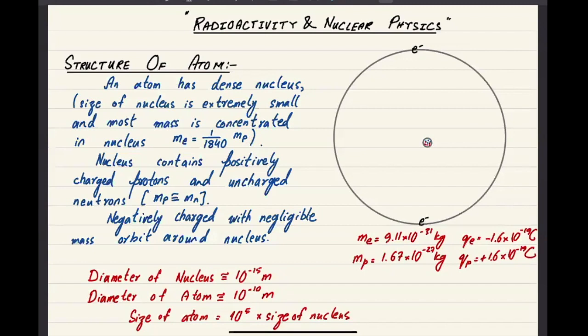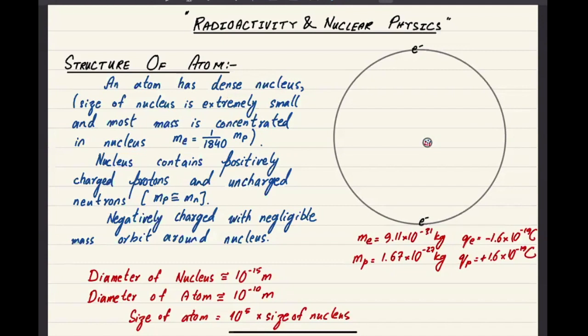So this explains the term dense nucleus. Dense because of two reasons. One is the nucleus is extremely small. The second is that most of the mass is concentrated in the nucleus, because protons and neutrons are a lot more massive than electrons.